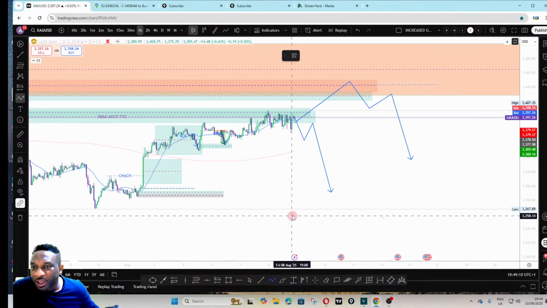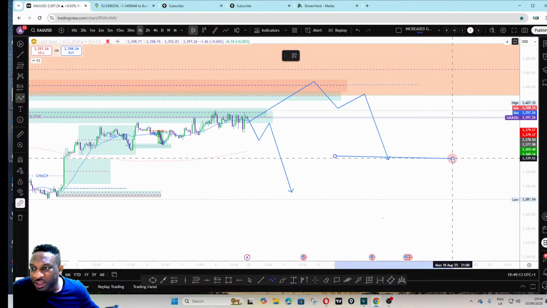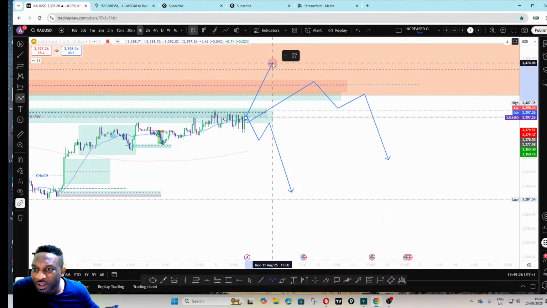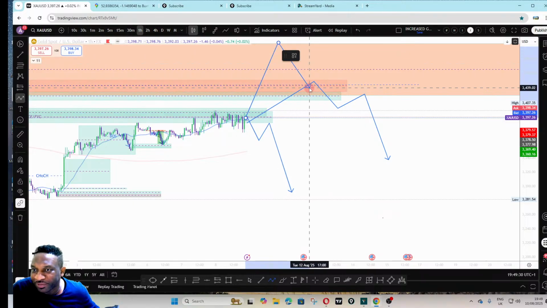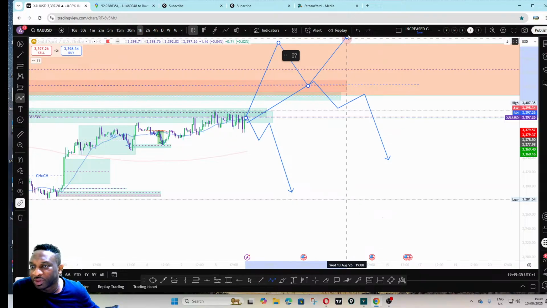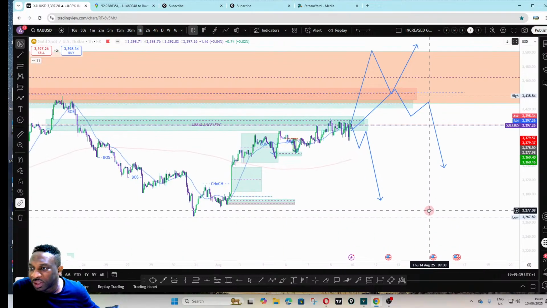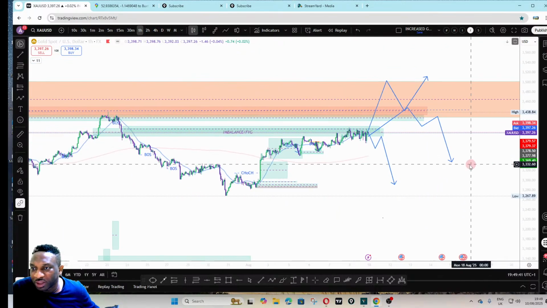So we could have price moving from here, clearing all this liquidity. This is a zone that we've marked on the higher time frame, coming back for a retest and then pushing up. So these are all scenarios that we could expect to happen this week.